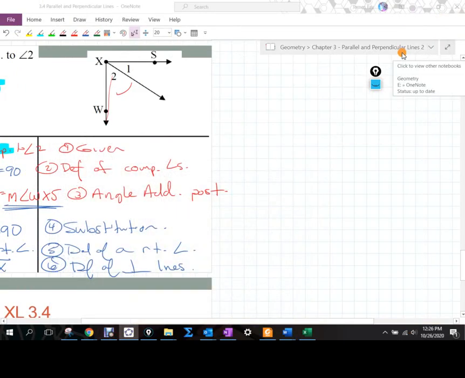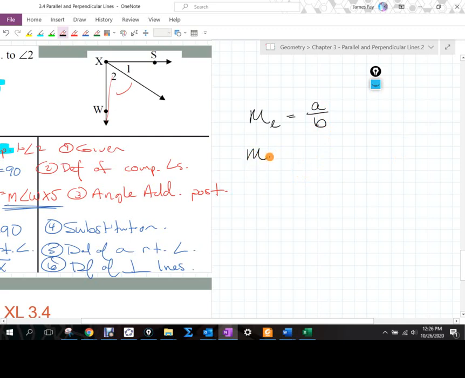Something we talk about in algebra is, if I have a slope, let's say the slope of one line, let's call that line L, is equal to A over B, and line L is perpendicular to line T, then the slope of T would be -B over A. It'd be opposite signed reciprocal.